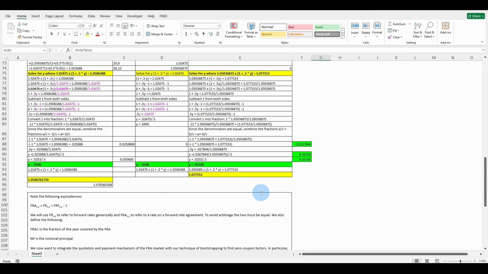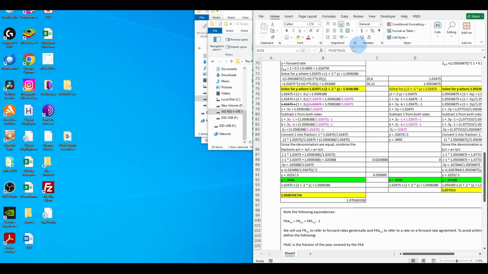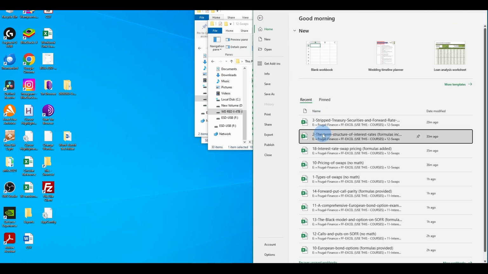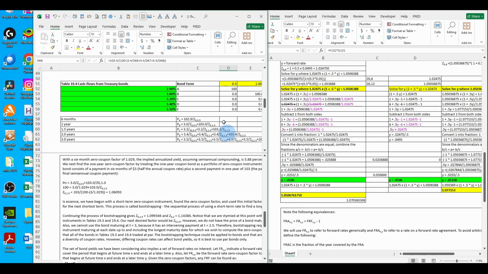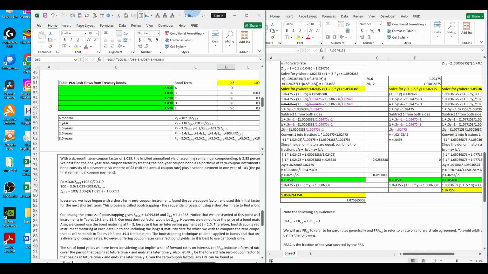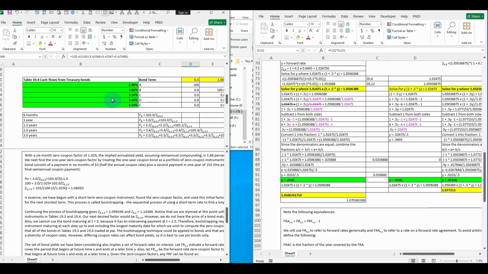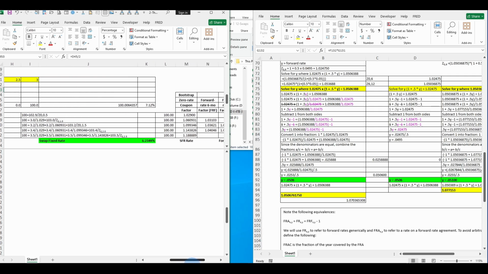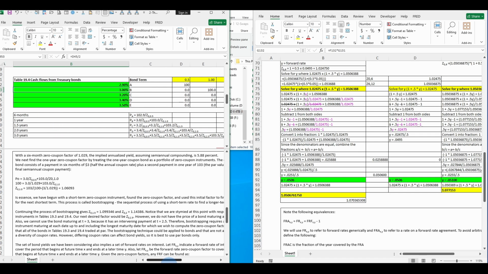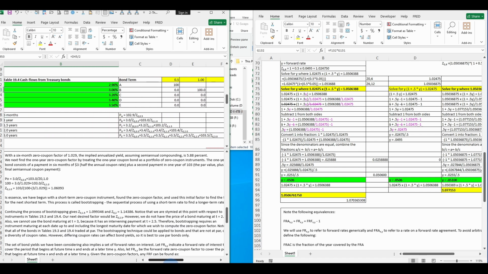And if we go back, if I shrink this, and I go File, New, and we look at this term structure, I think we're going to see some similarities here. So if we go back here, I don't know if these are Treasury bonds. They're not going to equate to the same numbers. Ignore that. But the principle is the same. All we're doing is bootstrapping.